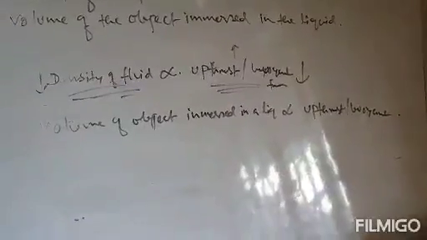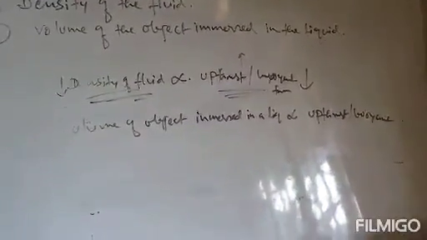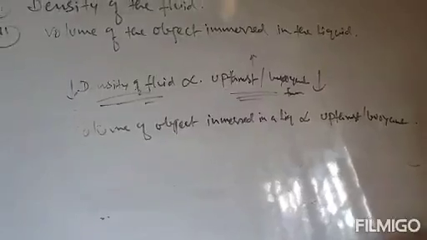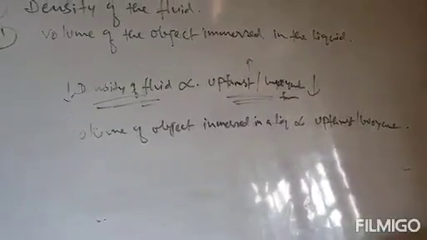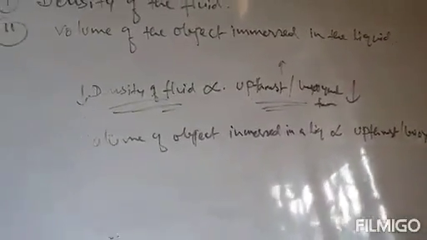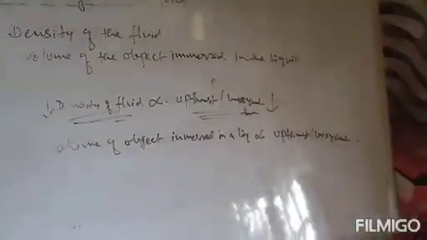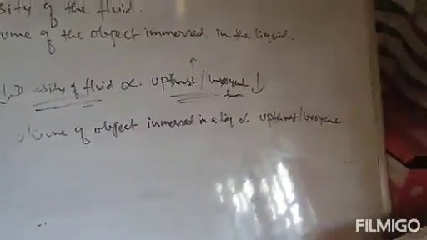The magnitude of this buoyant force acting on an object does not depend on the nature of the object. It only depends on the volume. Always remember, if the volume of the object inside the liquid increases, the upward buoyant force or upthrust also increases.